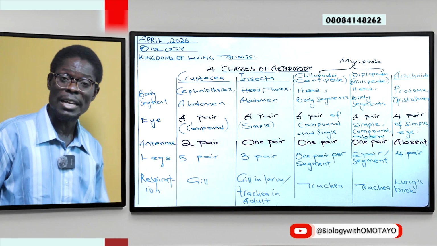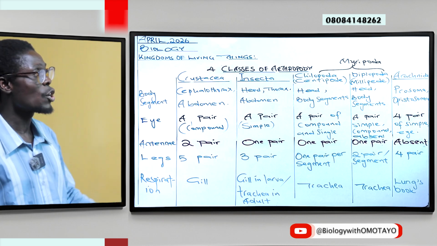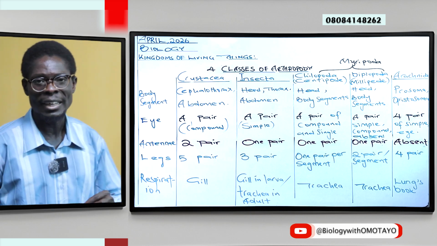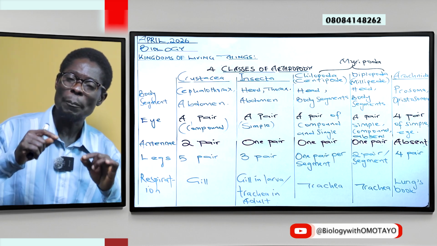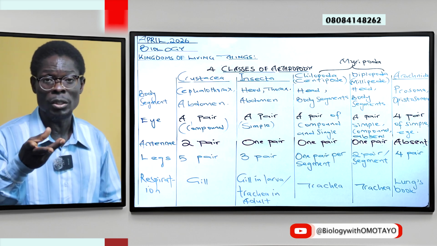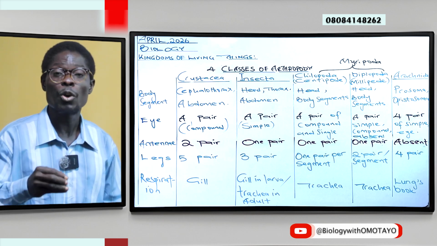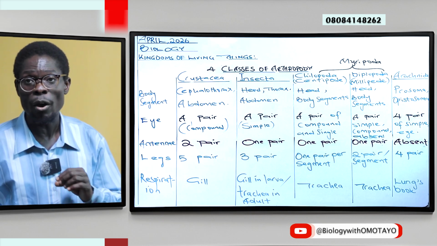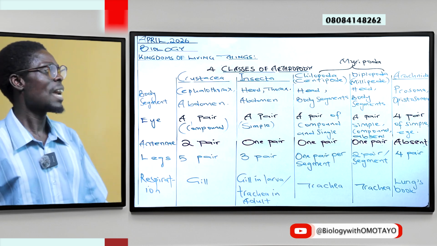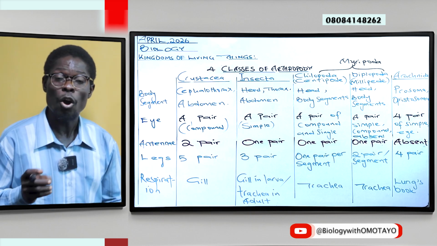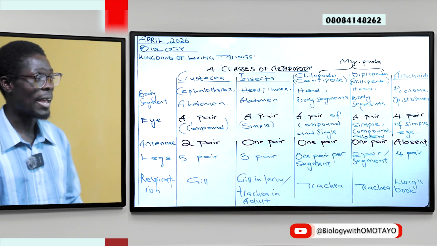Okay, that's for Insecta, that is 6 jointed appendages. 1 pair per segment for the Chilopoda, that is 1 pair of legs per segment for Chilopoda. While Diplo, from the word Diplo, you can infer we are making reference to 2. For Diplopoda, we have 2 pair of legs per segment. And then for the Arachnida, you have 4 pair of jointed appendages.